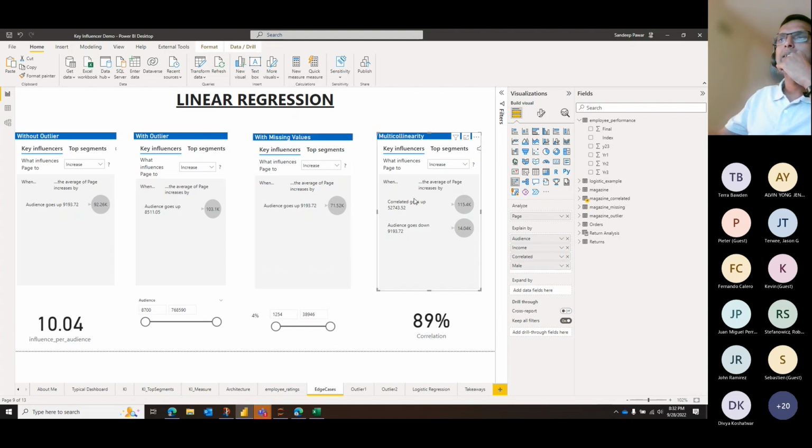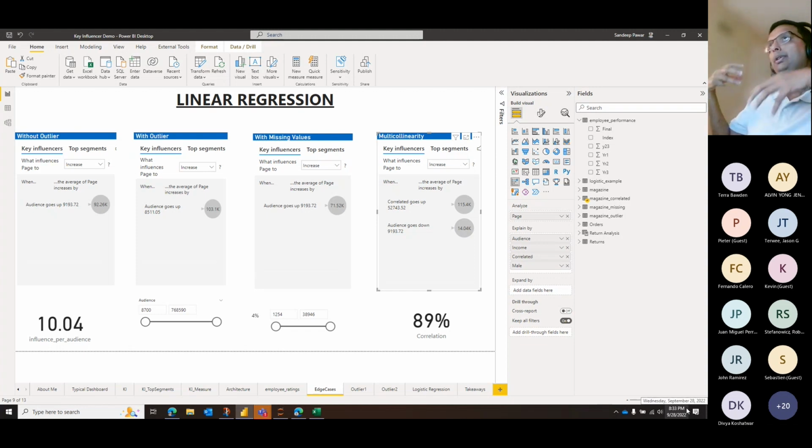Multicollinearity. This is again one of those things where the assumption with linear regression is that all the variables that we are putting in here are independent of each other.